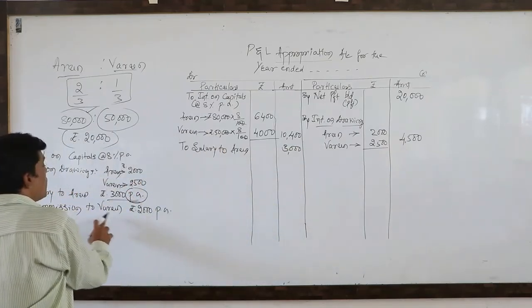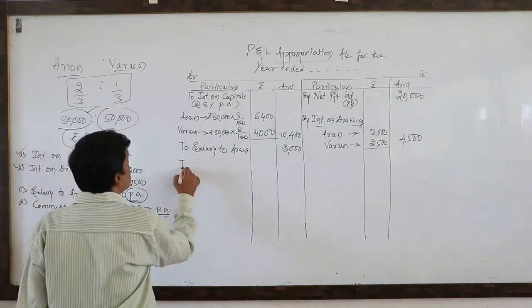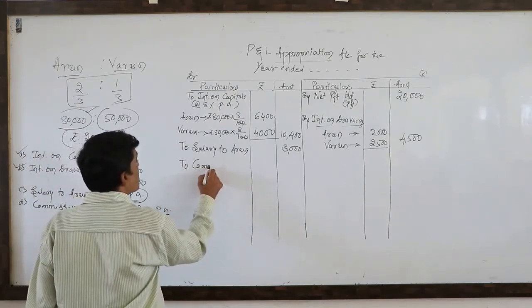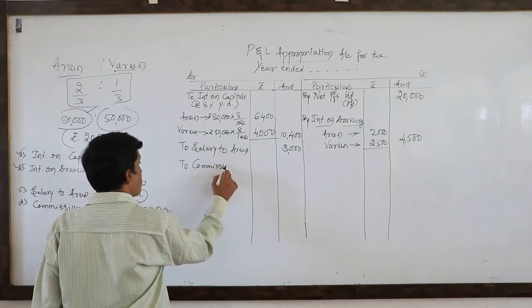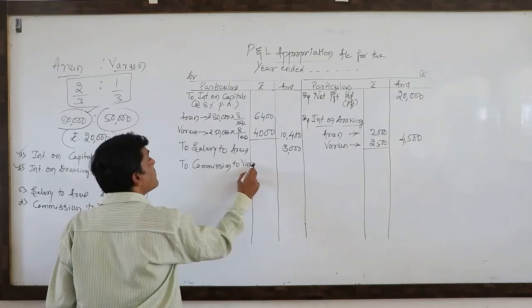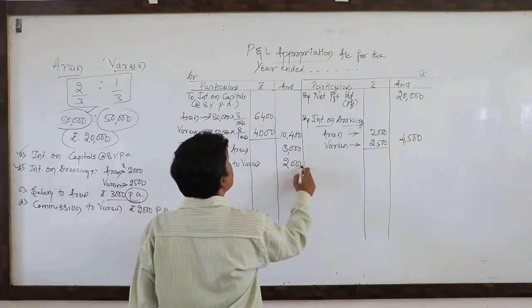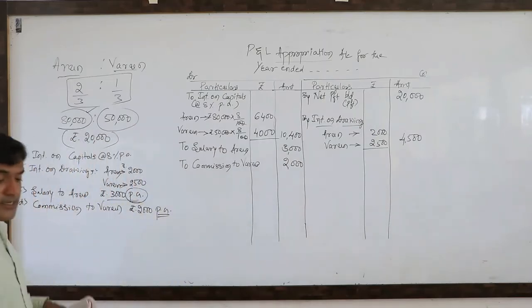One more, commission to Varun, also per annum, of rupees 2,000. Okay, this much is the information.